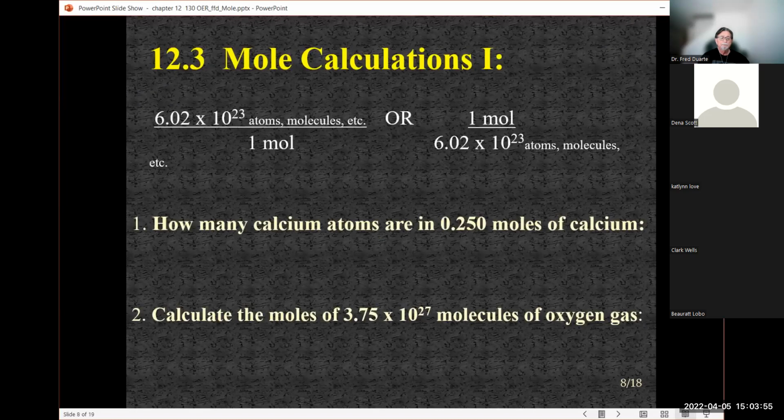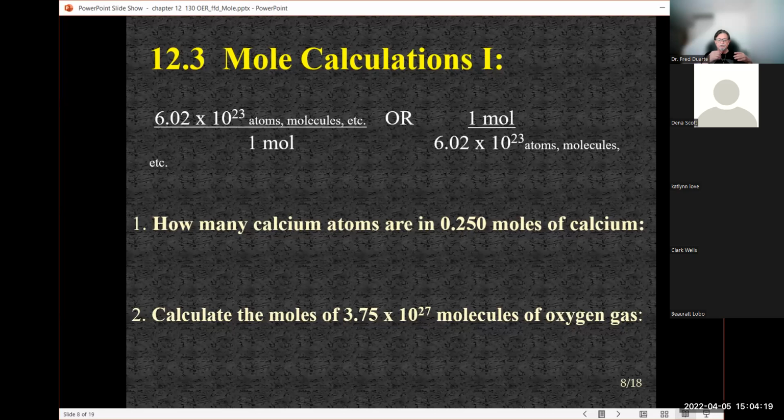And we had just finished talking about using Avogadro's number to calculate the number of atoms. Now, Avogadro's number, like any factor, is a ratio. Avogadro's number is 6.02 times 10 to the 23rd atoms, molecules, units, whatever.